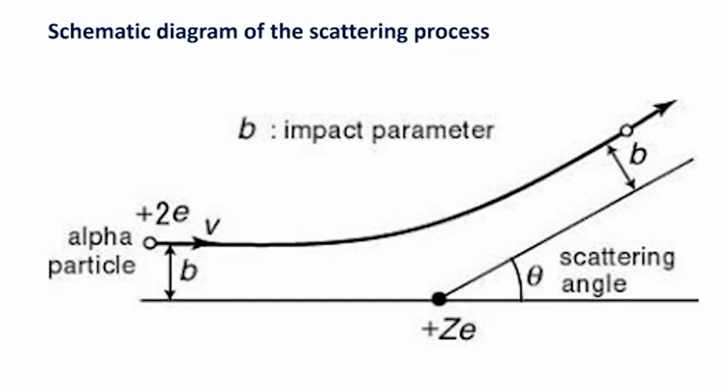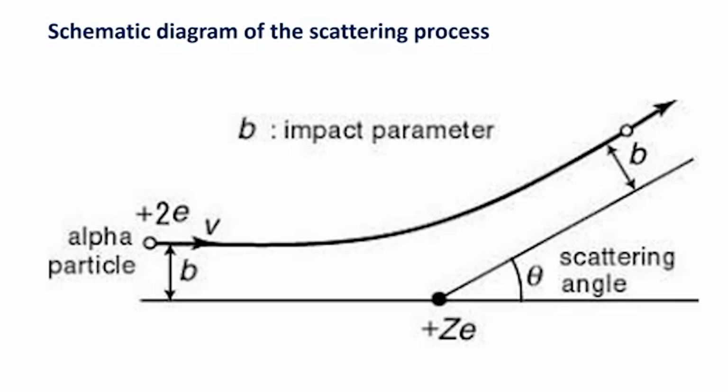So, let me show you a schematic picture of the scattering process, and we will talk a little about it. It is important to find out what Rutherford did. He actually worked out the trajectory of these alpha particles.